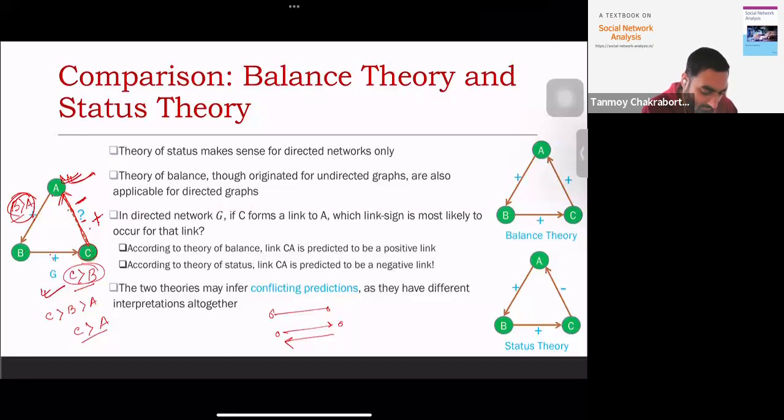And similarly, when you see that there's a link from A to B, B might think that no, I am not superior to A, I am inferior to A. So there can be a link from B to A. So when you look at the formation of edges in status theory, we first need to fix a particular view. So let's fix the view of A, and let's only look at A's view over its neighbors.